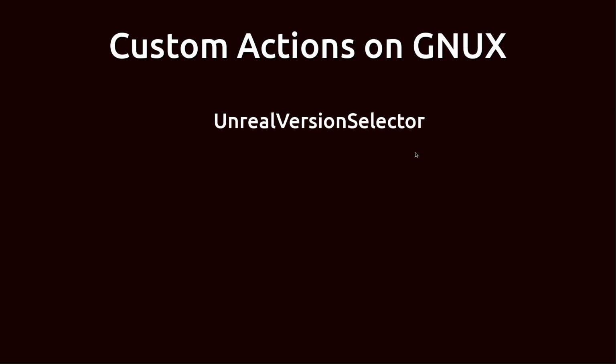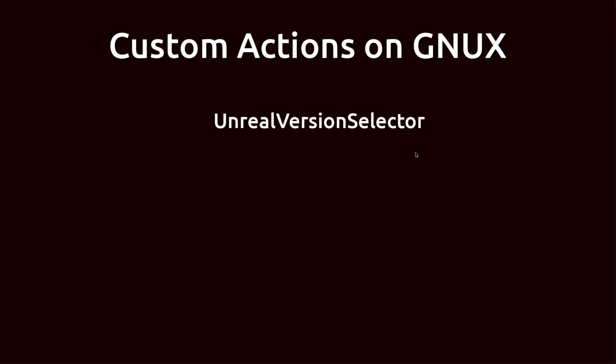Okay, so saying that, let's start with the Unreal version selector. We're going to use the Unreal version selector for all those custom actions, because it is a nice tool to, as we covered already, create build files, start the editor in game mode, or just start the editor, change file association, and so on.